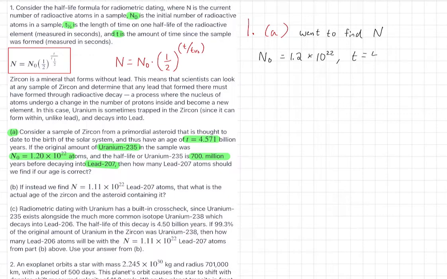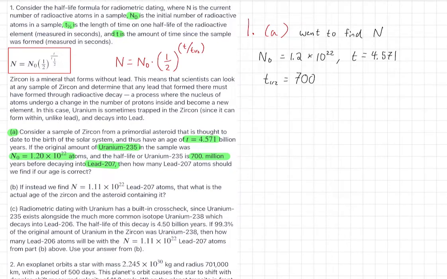We're actually going to plug this right in as 4.571, okay? And then we're going to also plug in the half-life. So T1 half, that's always a constant. In this case, you always know. You're never going to have some unknown substance that you're going to be solving for its half-life. So it'll always be something you're given, the half-life value. And that's going to be 700 million years.